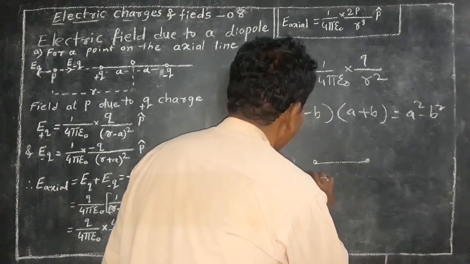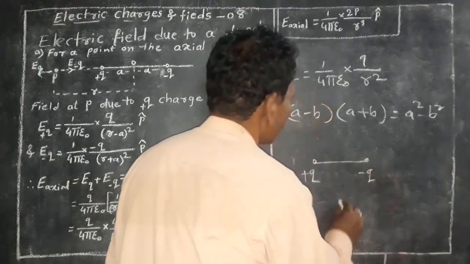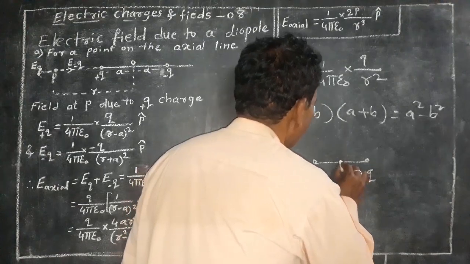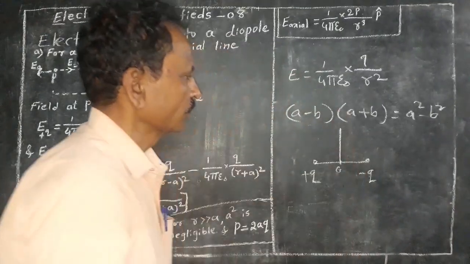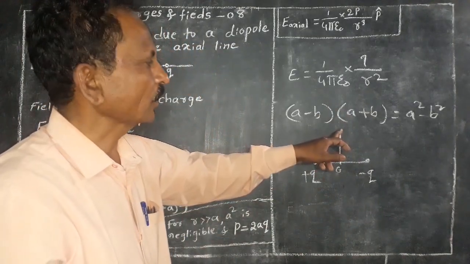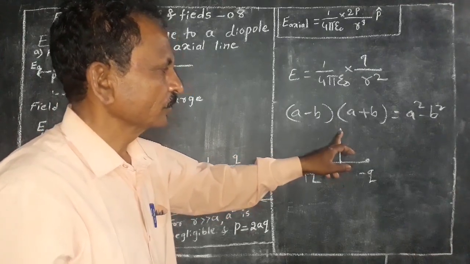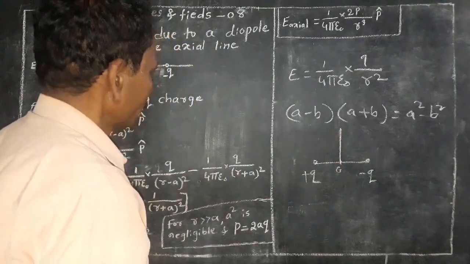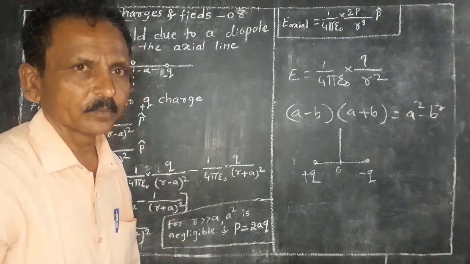This is a dipole, plus q, minus q. Let O be the midpoint, and a perpendicular from the midpoint to the dipole length is called the bisector. The electric field at any point on the bisector or equatorial line is half of the electric field on the axial line at the same distance.